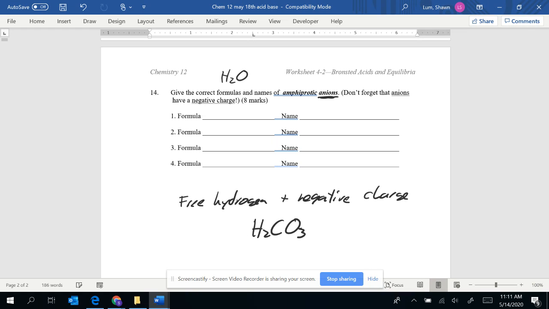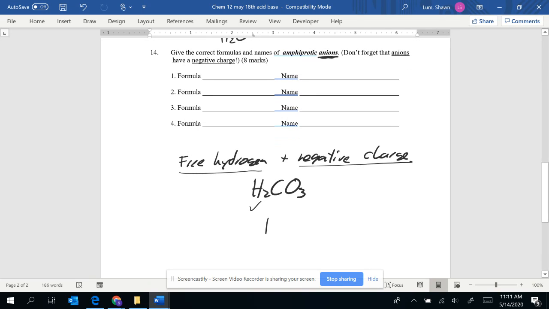So say if I take something like H2CO3, okay? Now, H2CO3, this is not amphiprotic because, does it have a free hydrogen? Yes, it does. Does it have a negative charge? No, it doesn't. So if I took away a hydrogen from this and just had HCO3, since I took one hydrogen away, it's going to leave a negative charge.